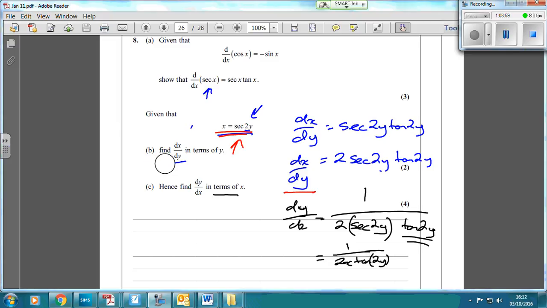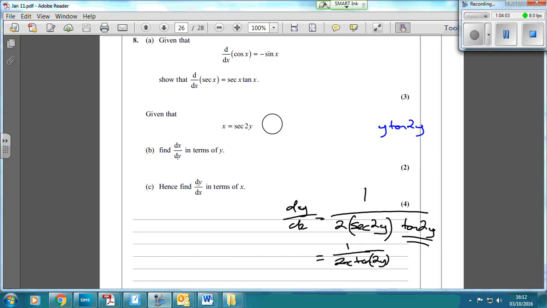And this is the bit where you've got to sort of try and think, how do I get from tan to sec? And this goes back to, we haven't used it so far in the exam, but sine squared theta plus cos squared theta equals 1. So if we're talking in terms of tan, that's going to be sine over cos.